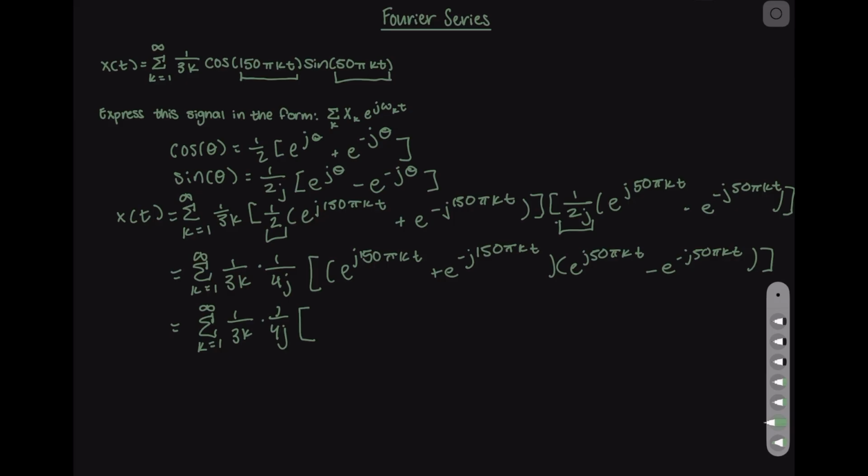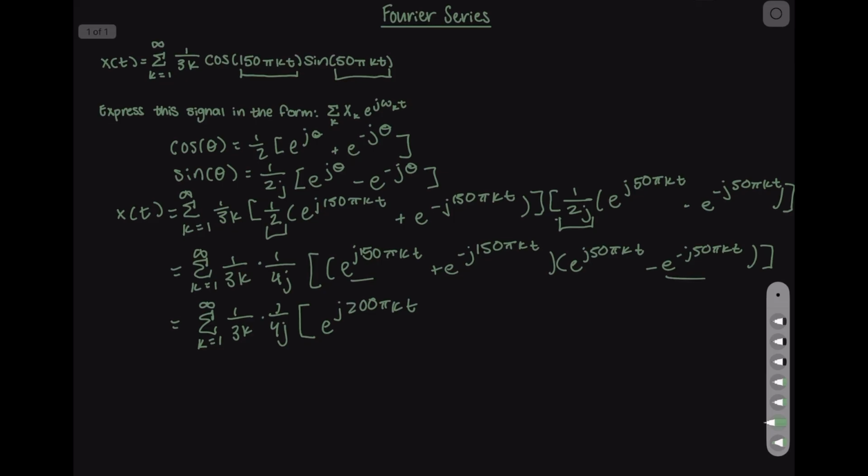So for these first two terms, our exponents are going to add to 200 pi k t. Multiplying the first term and that last term, so these two, that's going to be negative e to the j, and then there's a minus sign up here, so that'll be 100 pi k t.